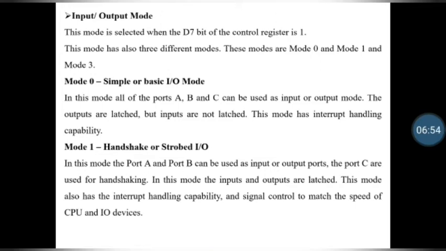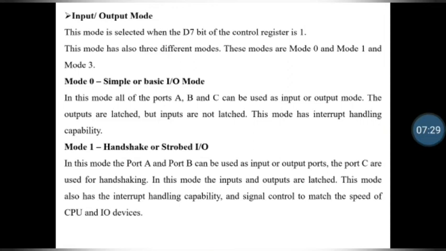Now the second mode, that is mode 1. In this mode only port A and port B are used as input output ports, and port C is used for handshaking. In this mode both input and output are latched, and this mode also has interrupt handling capability.